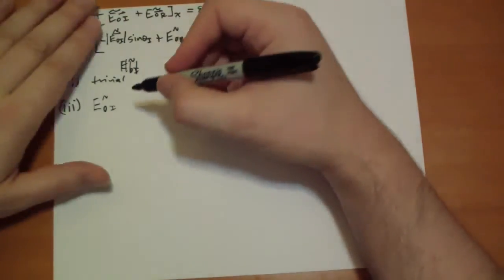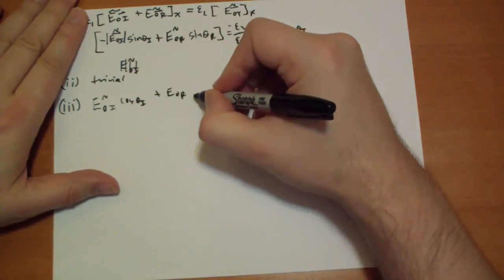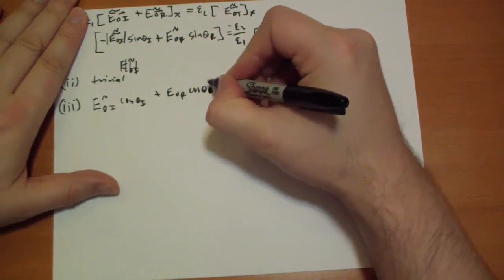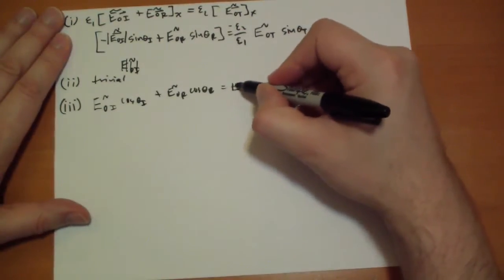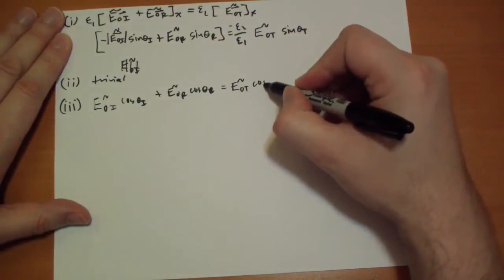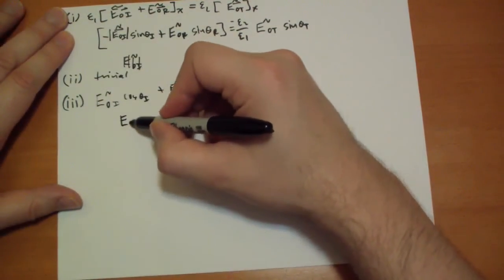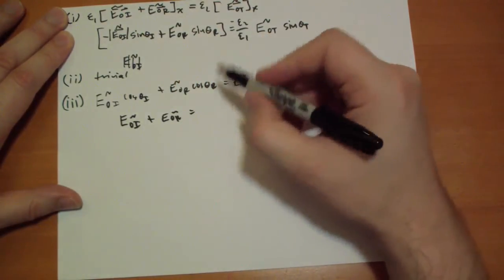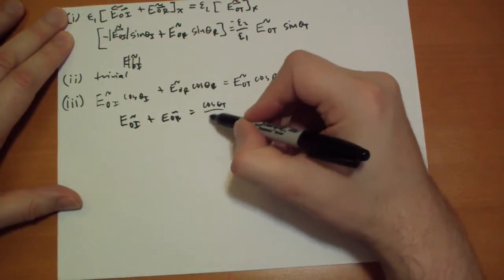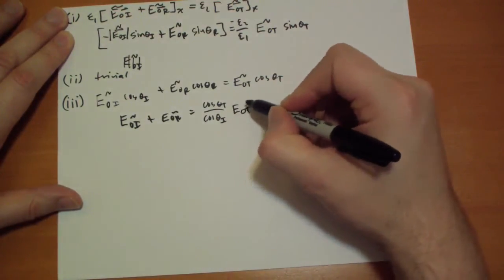That's going to be cosine theta I, plus E naught R cosine theta R, has to equal E naught T cosine theta T. Well, theta I and theta R are equal, so this basically says E naught I plus E naught R is equal to cosine theta T over cosine theta I times E naught T vector.